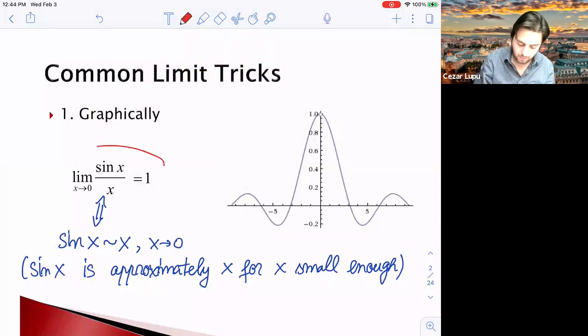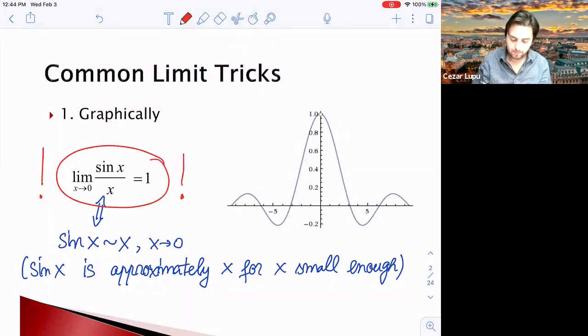This is a very important limit. Like I said, very, very important. So once again, sine of x over x as x approaches 0 will always be 1. Keep that in mind. And we will see throughout the lecture a bunch of examples involving this limit.